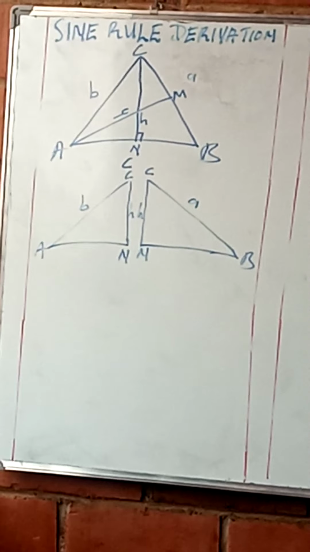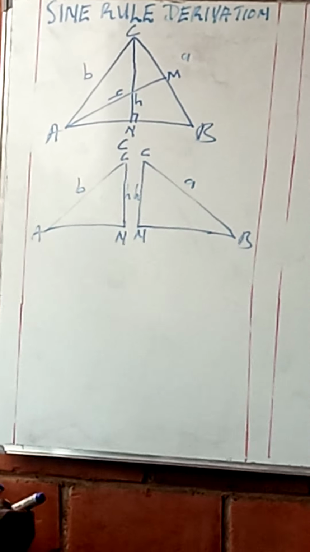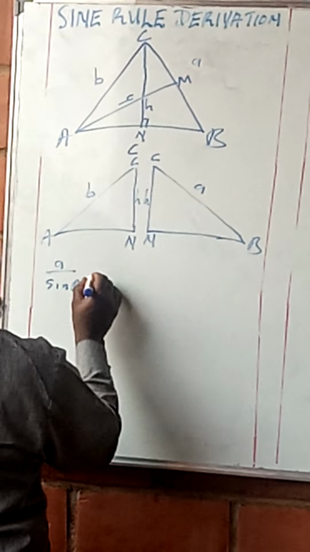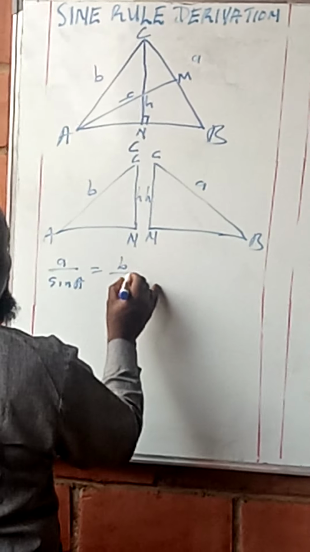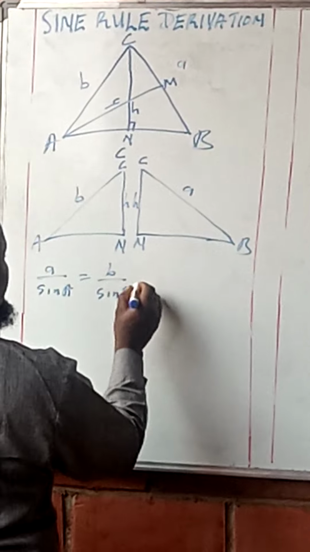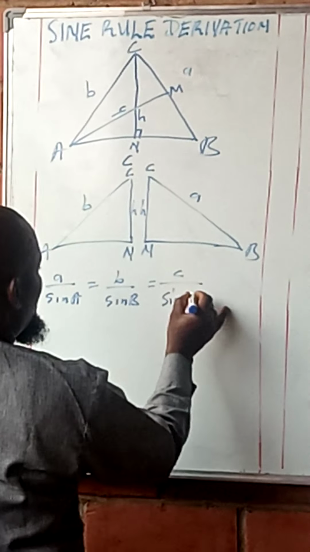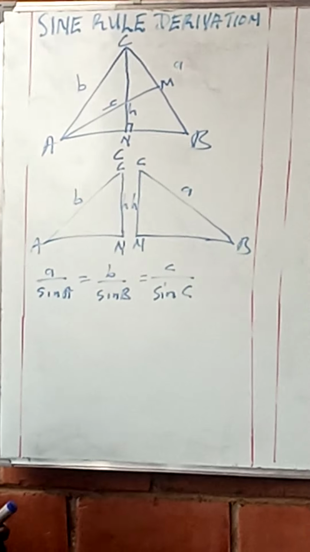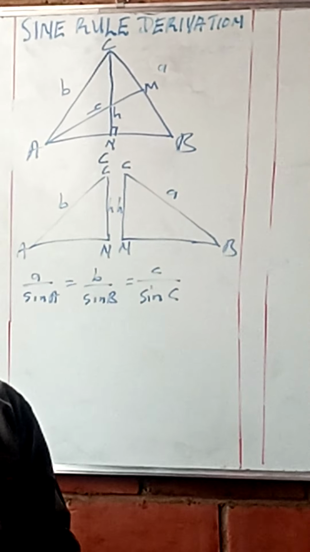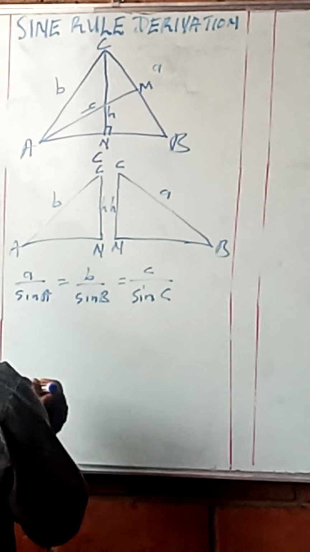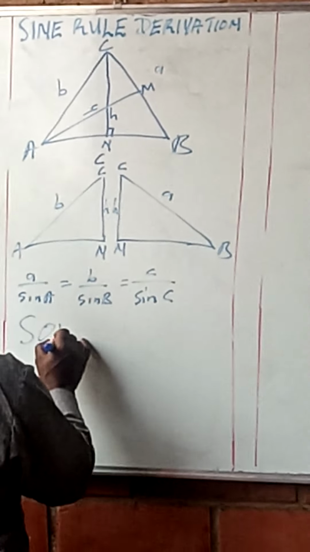Before we start the proving, this is what we want to prove: a over sine A is equal to b over sine B is equal to c over sine C. The hint we have to follow is what we call SOHCAHTOA.